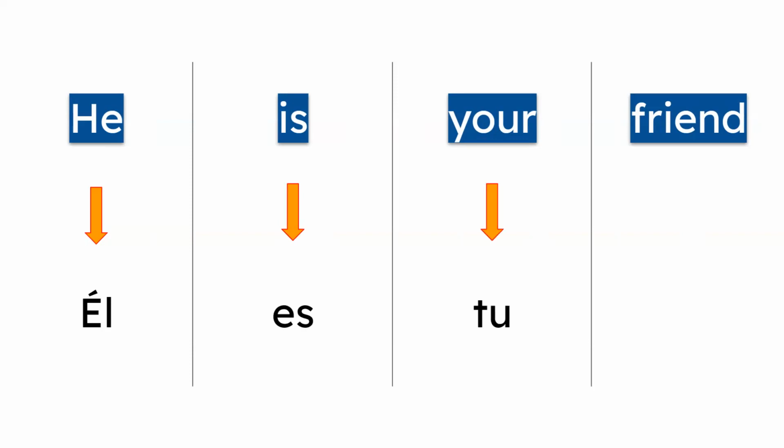Él es tu. Tu, followed by friend, which I think everyone knows, and is amigo, right? Él es tu amigo. He's your friend. Now, it's your turn to say it. That's right. Él es tu amigo.